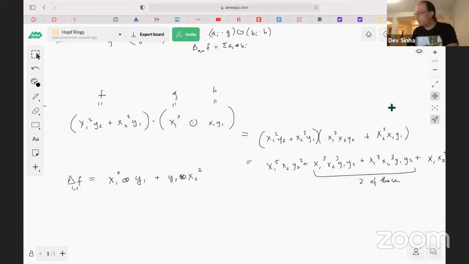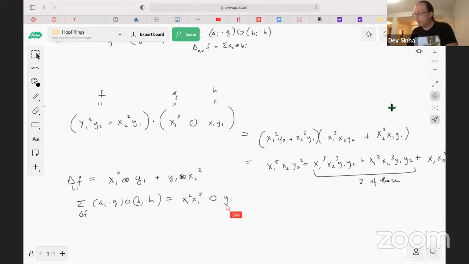great. And so then in the formula, the sum over the coproduct of f of ai times g induction product with bj times h ends up being what? Well, we get x1 squared, let's see, x1 cubed, right?